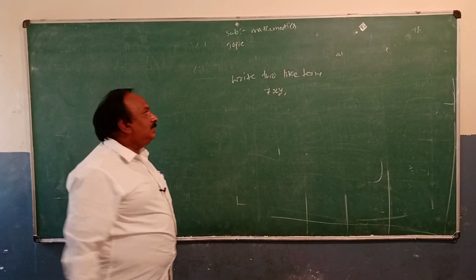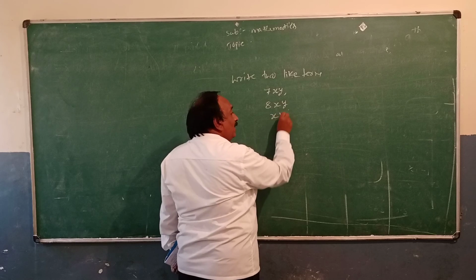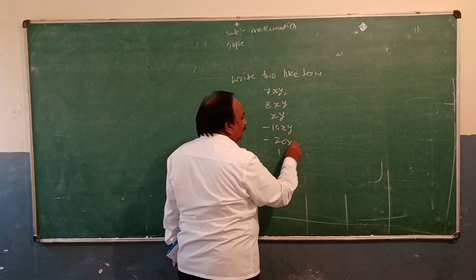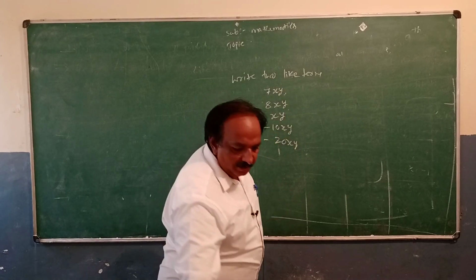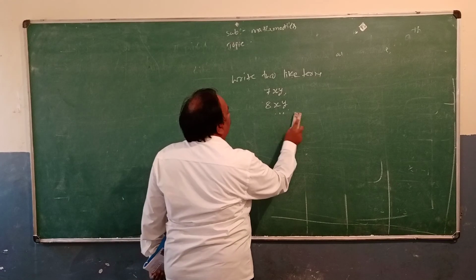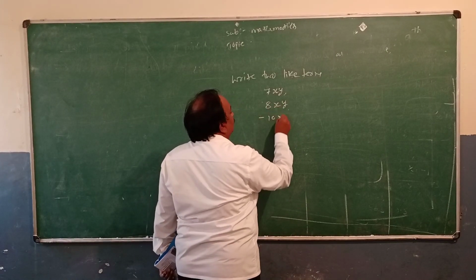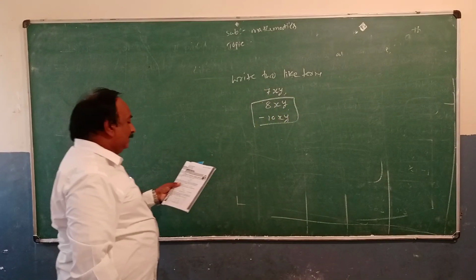How do we write the like terms? 7xy, 8xy, minus 10xy, minus 20xy, but the xy is the same. We may change the coefficient. So any two terms, 7xy, 8xy, minus 10xy. These are all like terms.